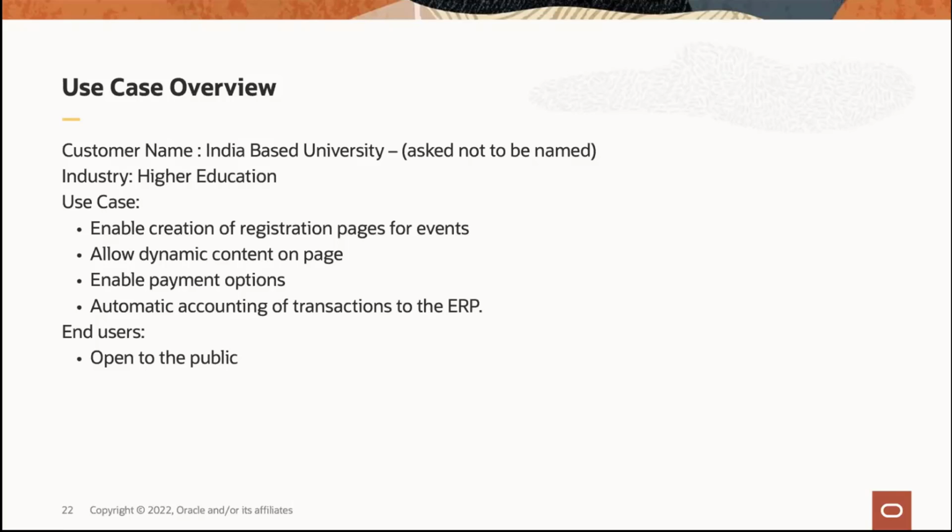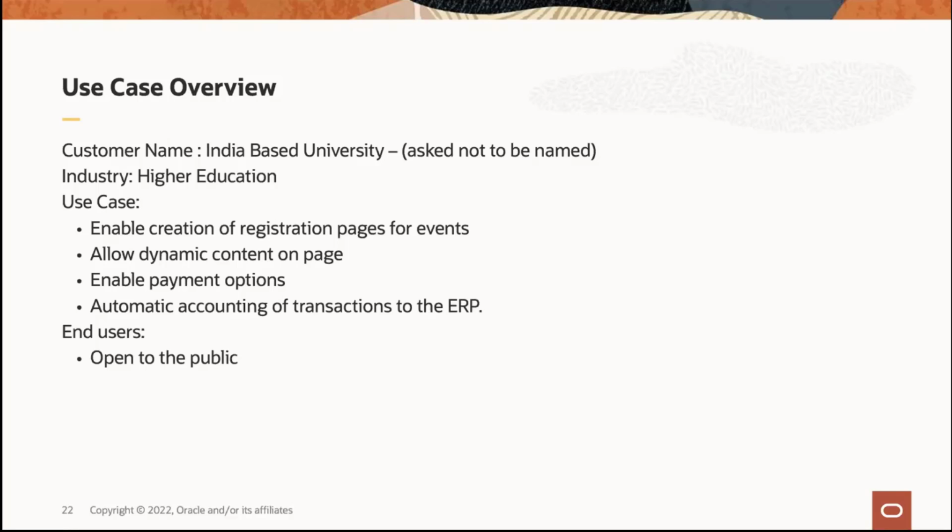These conferences are open to the general public, who can register for them by paying the registration fee. For the customer, there might be registrations open for multiple conferences at any given point of time. Each conference might have unique information that should be shown to the end users while they are making the payment, and there is also a need to collect unique information about each conference during the registration.